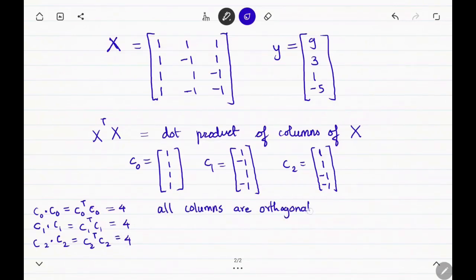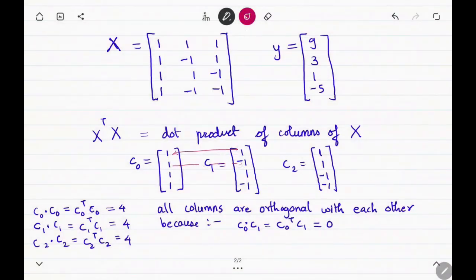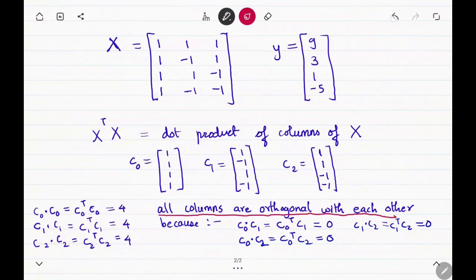Next we'll calculate the dot product of the columns with each other. The dot product of C0 with C1 is 1 minus 1 plus 1 minus 1, which is 0. The dot product of C0 with C2 is also 0. The dot product of C1 with C2 is also 0. So the columns are mutually orthogonal, because their dot products are 0.